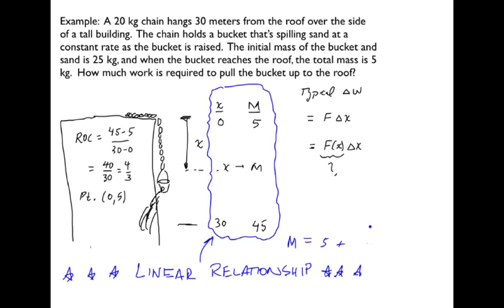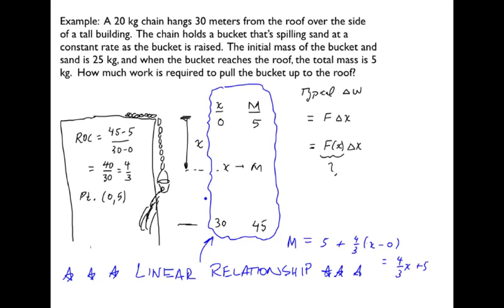I've got a rate of change of 4/3 times the change in x. Remember this? Final value of a quantity is the initial plus the change. That change is by a constant rate of change, the constant rate times the change in x. So you should have gotten 4/3 x plus 5. That gives you the mass of the whole thing when x amount of chain is hanging over.